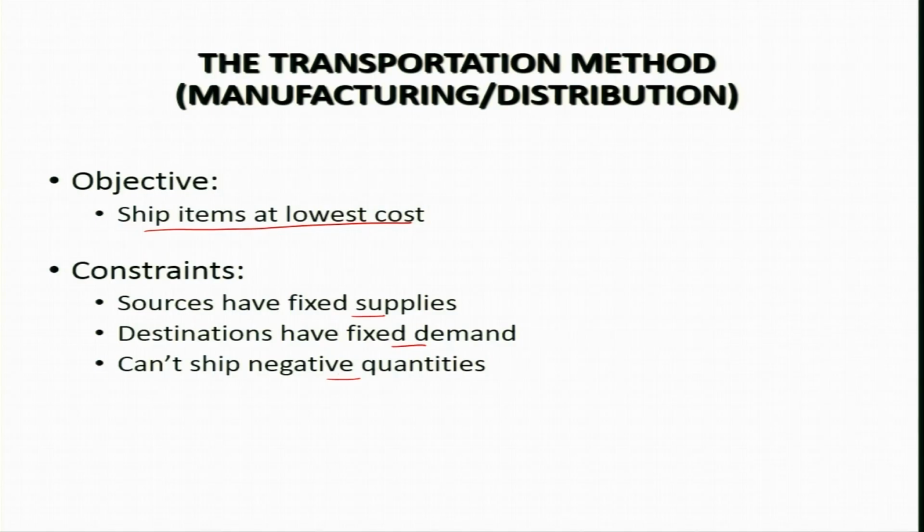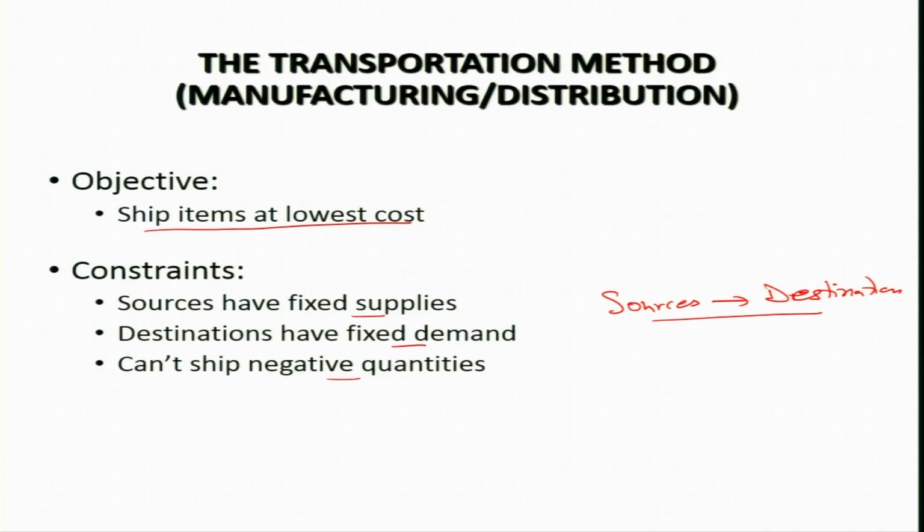So, the flow is from sources to destination only. There is no negative flow, no reverse flow we are considering here. So, negative quantity we are not considering here. So, that is the transportation method, a very useful method.